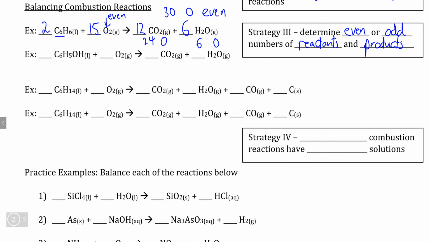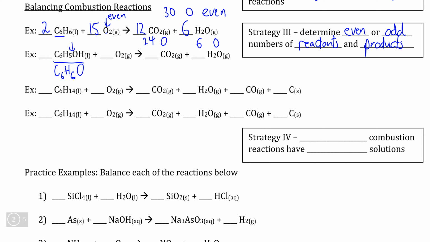If we take a look at the second example here, if we rewrite our organic chemical's formula so that it's easier to read, there are 6 carbons, 5 plus 1 is 6 hydrogens, and 1 oxygen here.